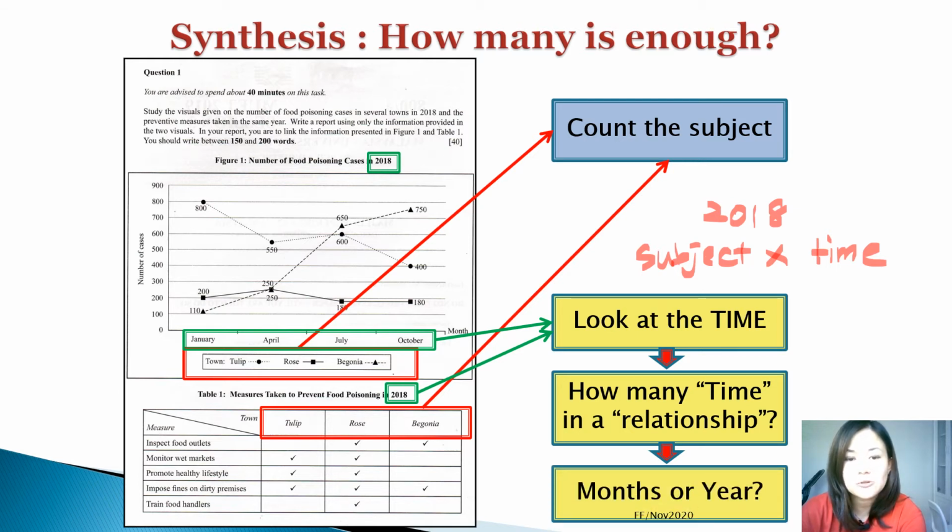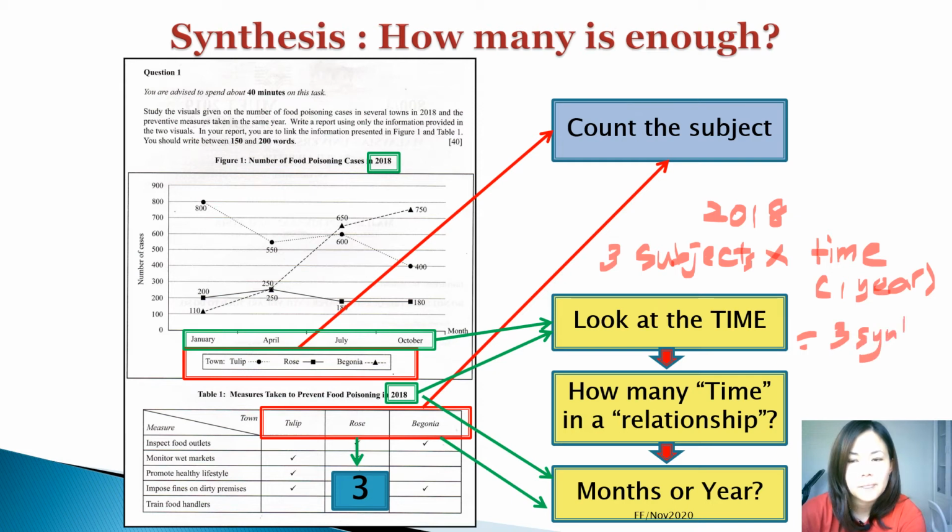As I mentioned to you, the months are according to a year, and the year given to you is one whole year, 1 year. So ladies and gentlemen, we have to make 3 synthesis. It's enough. 3 synthesis, because there are 3 subjects times 1 year, 2018. So 3 synthesis.